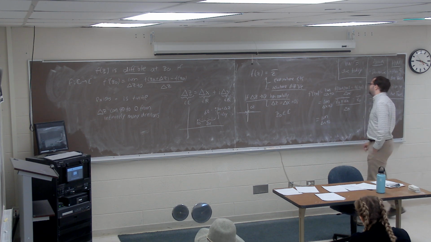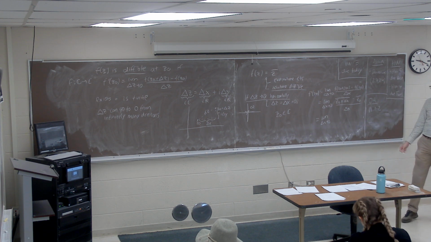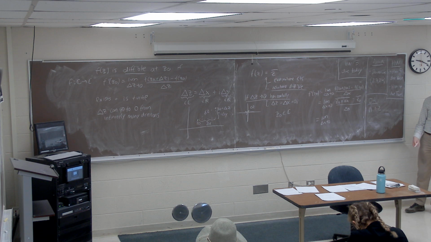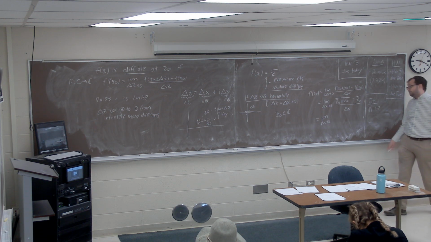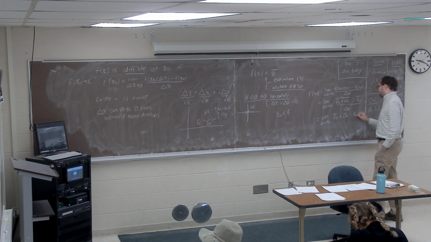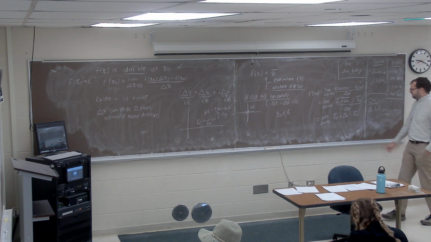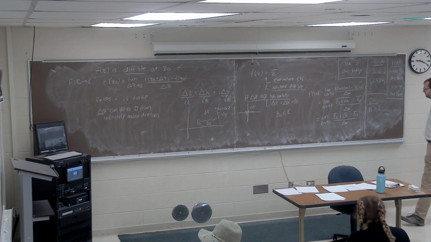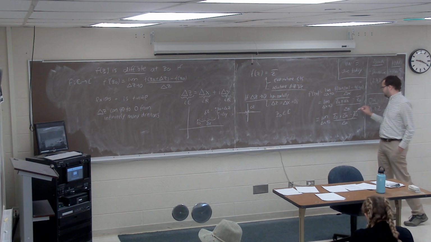So now I want to use something we proved day one, which is that you can break up the complex conjugate of a sum into the sum of the complex conjugates, to get z naught bar plus delta x bar minus z naught bar.